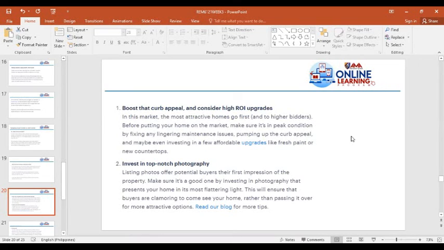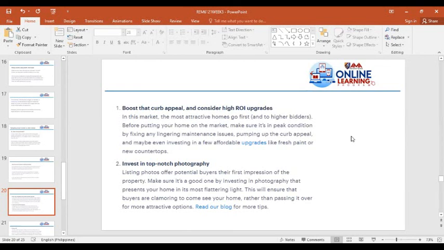So before putting your home on the market, make sure it's in peak condition by fixing any lingering maintenance issues, pumping up the curb appeal, and maybe even investing in a few affordable upgrades like fresh paint or new countertops.